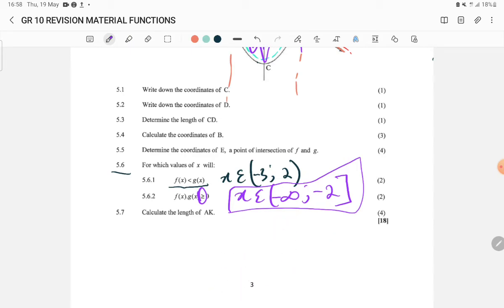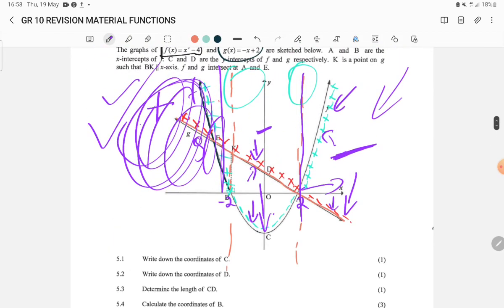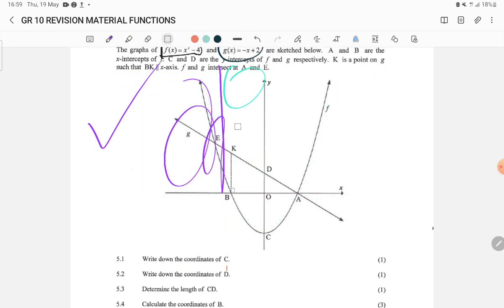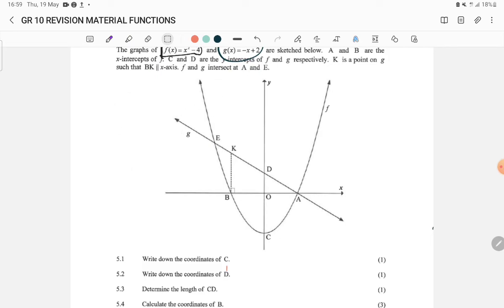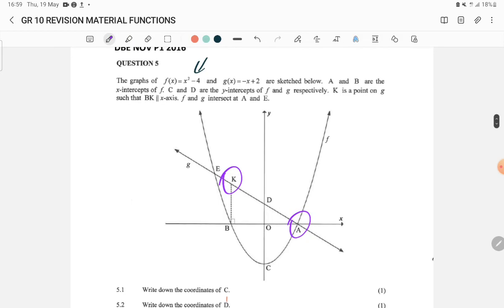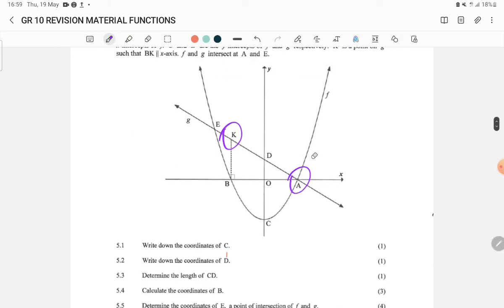Coming to the length of AK, let me rub everything so that it becomes clear to everyone. Where is AK? This is A, this is K. If you want the length between these two points, you will use the distance formula, which requires the x value then the y value for each point.